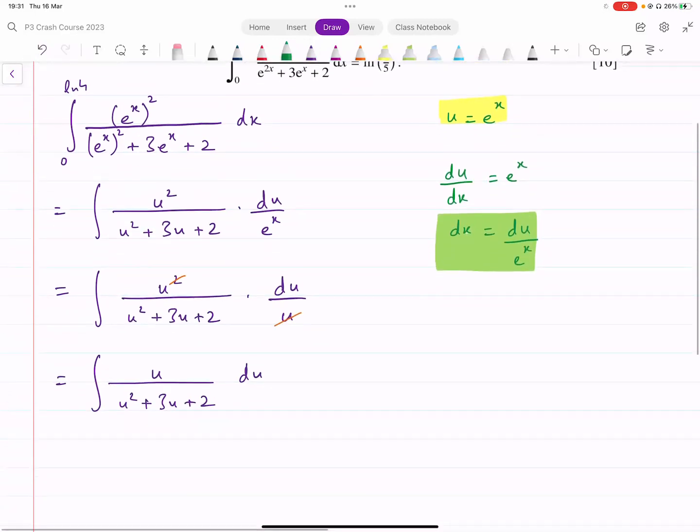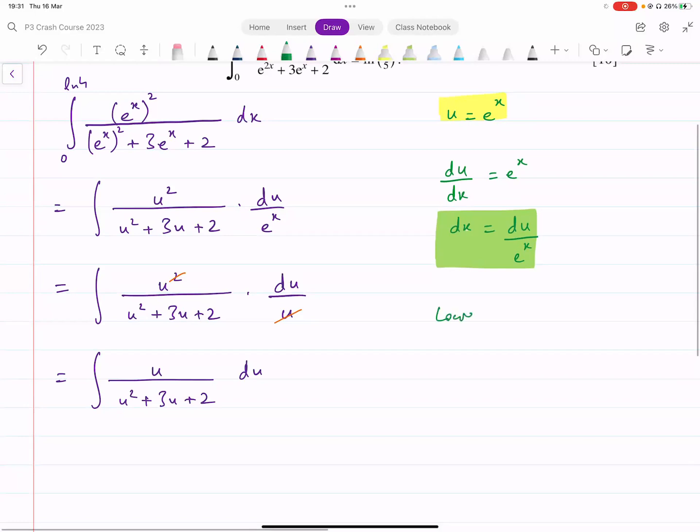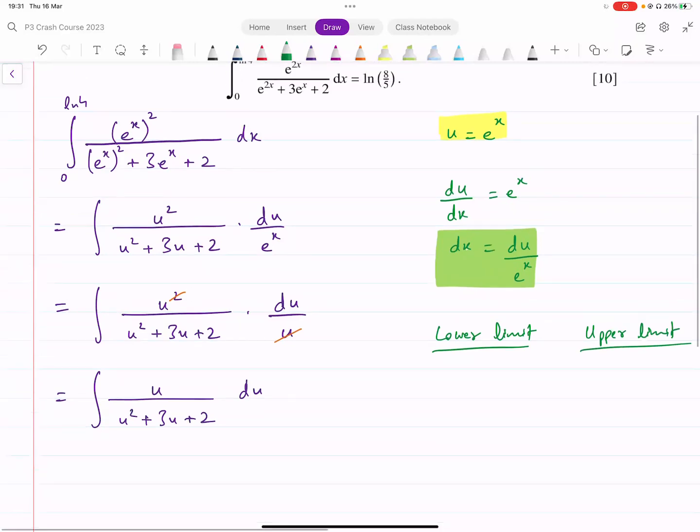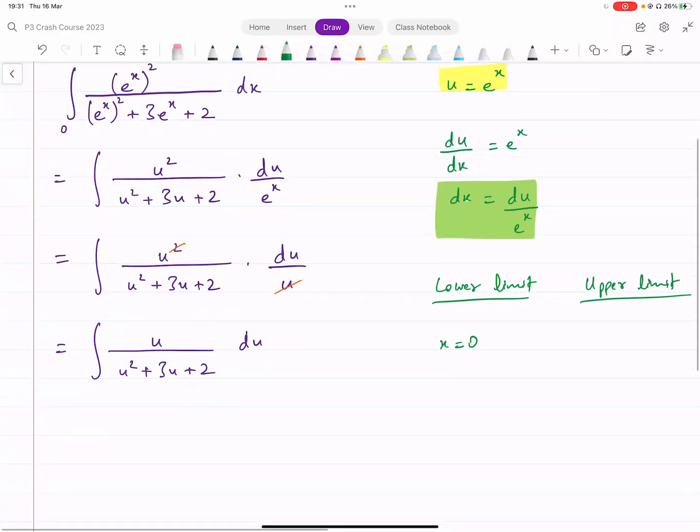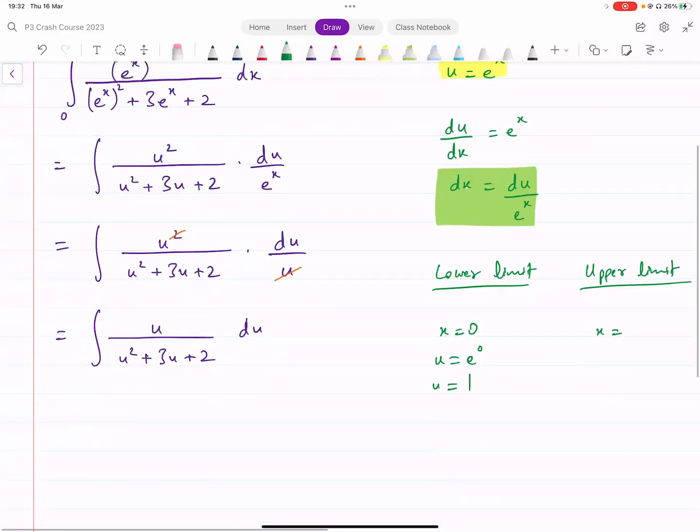Let's look at the limits, the lower limit and the upper limit. Let's see what they are. The lower limit here is 0 for x. When we convert it to u, it becomes e raised to power 0, which is just 1. The upper limit is x equals ln 4.